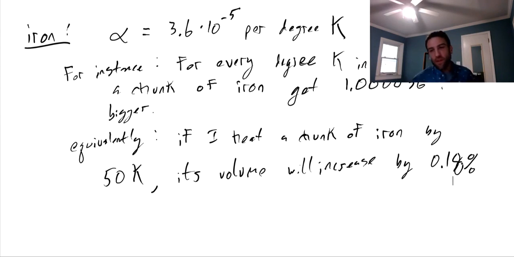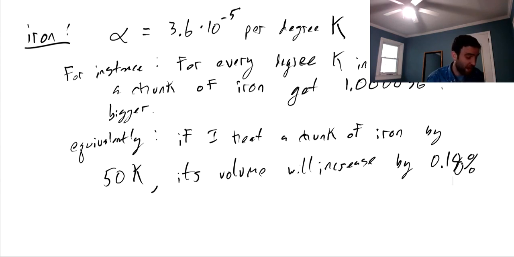These are fractional changes in the size of an object, and it grows in every direction. So if I have a cube of iron, the cube uniformly gets a little bit bigger as I increase the temperature. And the fact that materials change their size a little bit with temperature, shrinking when they get colder and growing when they get warmer, is something you may have experienced.